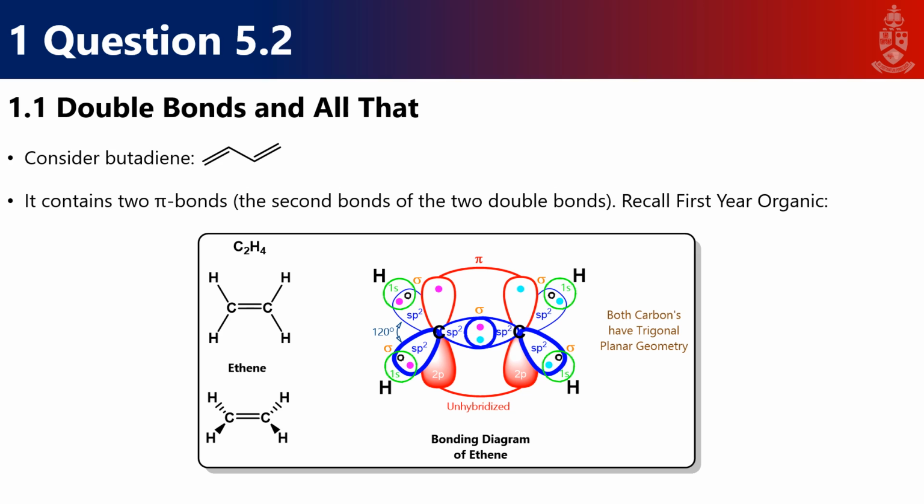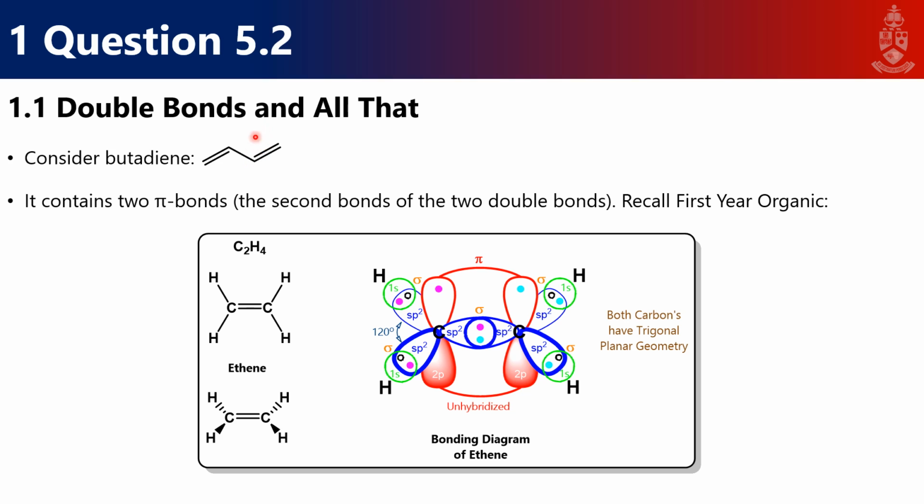So let's consider the case of butadiene. Butadiene has 4 carbons, it contains 2 double bonds. And if you remember from your second year organic, double bonds contain pi bonds, and pi bonds, of course, are the second bond of a double bond. So if you look at ethene, for example, your sp2 orbitals bond in a sigma fashion, and then your p orbitals can overlap sideways to form pi bonds.